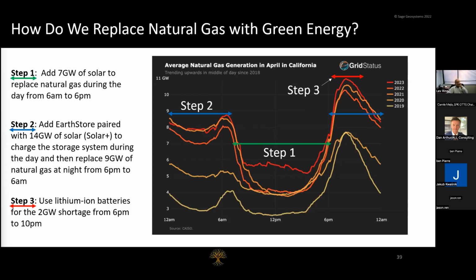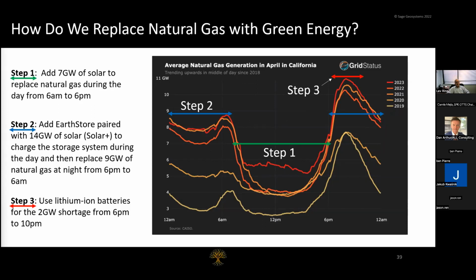And so what we're going to do, we can add 7 gigawatts of solar to totally green it during day hours. Then we'll add geothermal storage with 14 gigawatts to green it during night hours when the sun is not up.